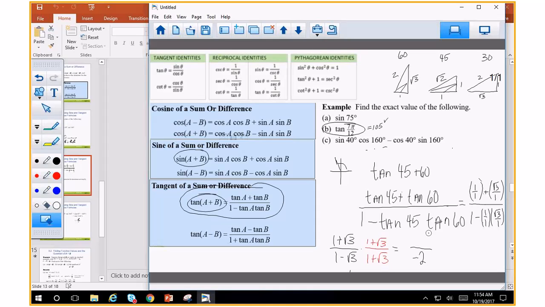And then the top is going to give us 1 times 1. 1 times the square root of 3 is square root of 3. Square root of 3 times 1 is square root of 3. And then square root of 3 times square root of 3 is square root of 9, which is 3. Y'all check me on that.